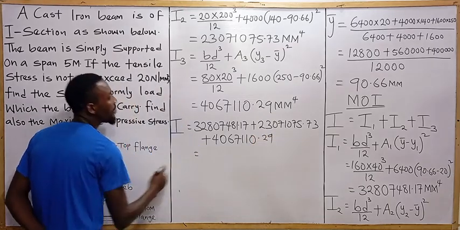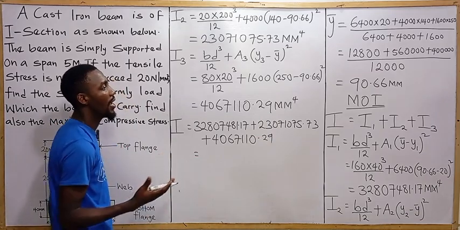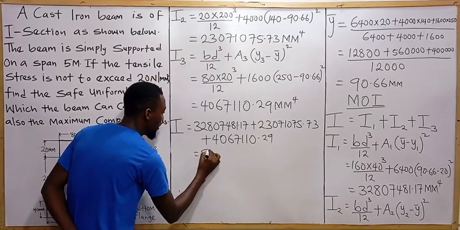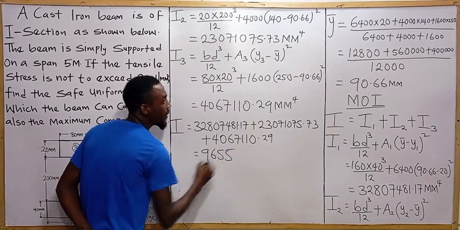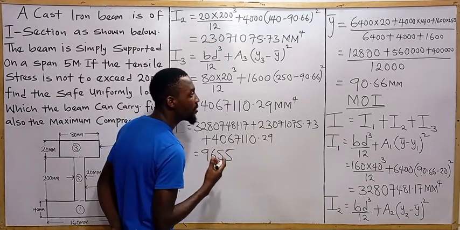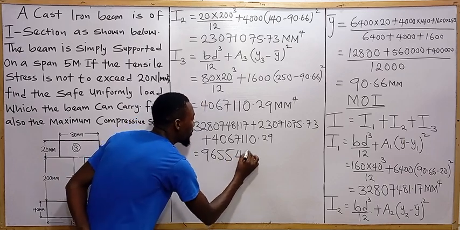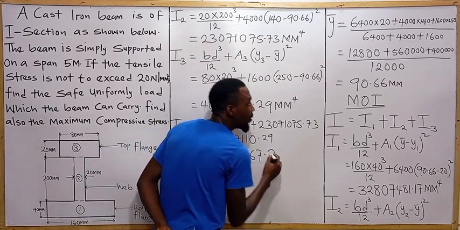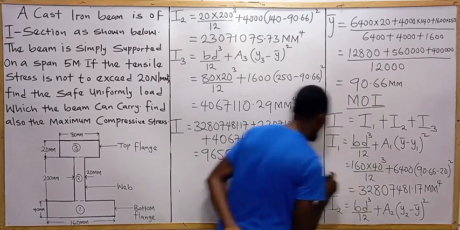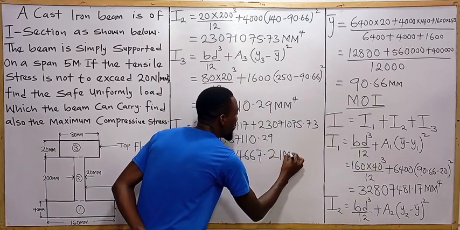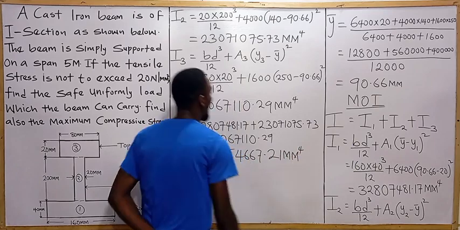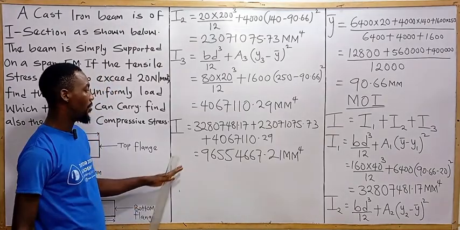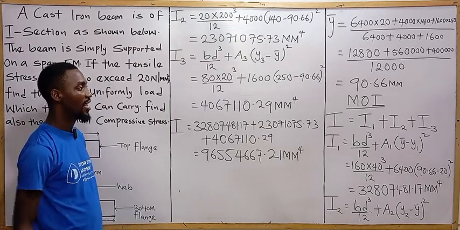So by the time you sum everything together, you are going to have 96554667.21 mm to the power of 4. All right, so this is the value of our moment of inertia about the neutral axis.